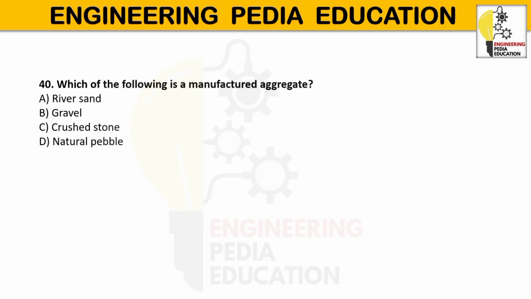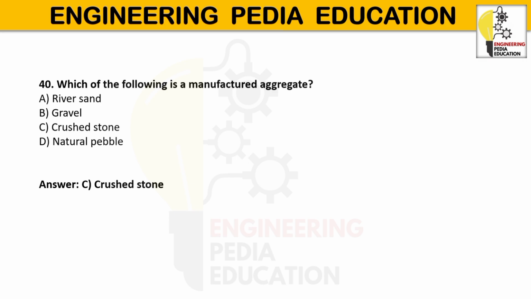Which of the following is manufactured aggregate? River sand, gravel, crushed stone, natural pebble. The correct option is crushed stone. Natural aggregates are obtained naturally from riverbeds.